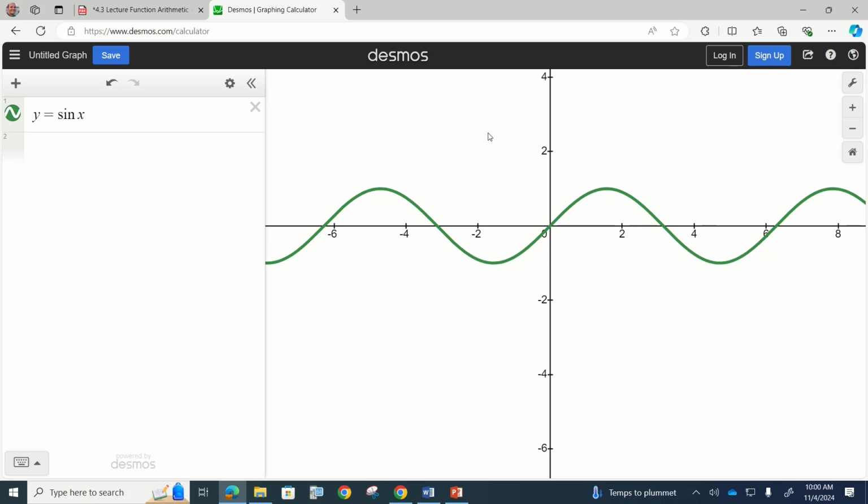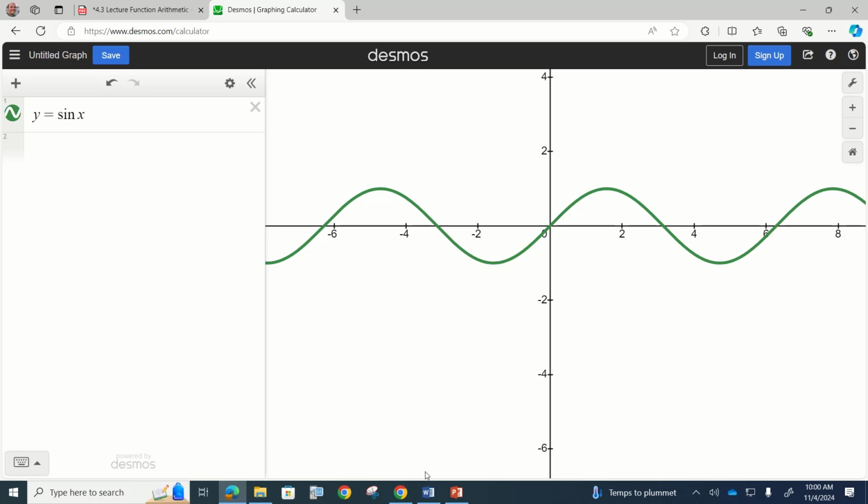You say even? Is that a mirror image of itself across the y-axis? No. It's actually odd. If you were to rotate this picture 180 degrees around the origin, you'd get the same curve. Someone in my last lecture didn't believe me.